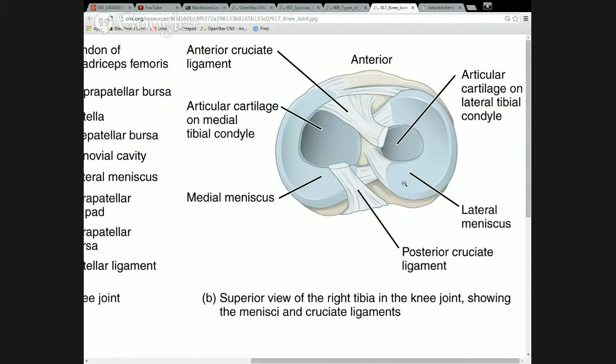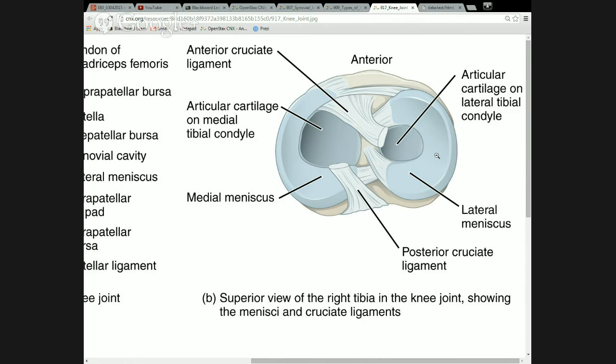The meniscus is fibrocartilage that makes a pad up for the femur to sit on. There's a lateral meniscus, which is all that was visible in that sagittal section through the knee joint. But there's also a medial meniscus. It's two separate pieces of fibrocartilage, but together they make a continuous pad for the femur to sit on.